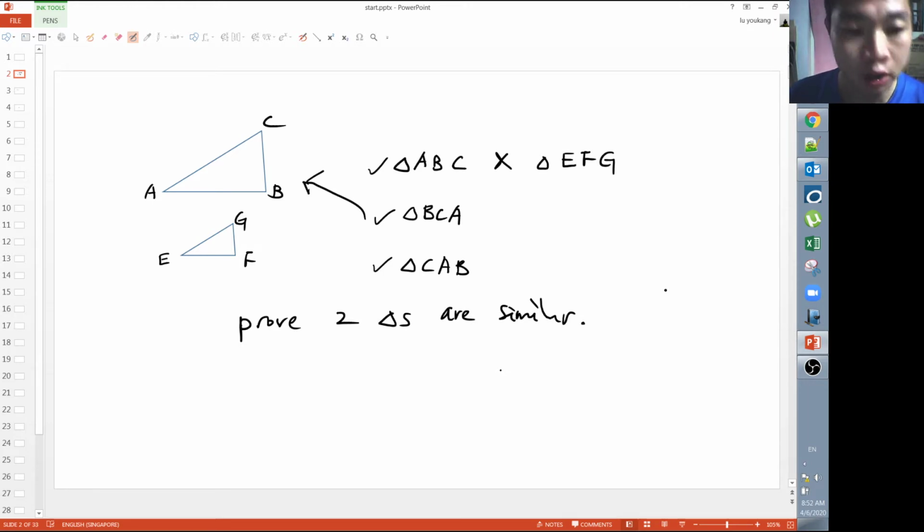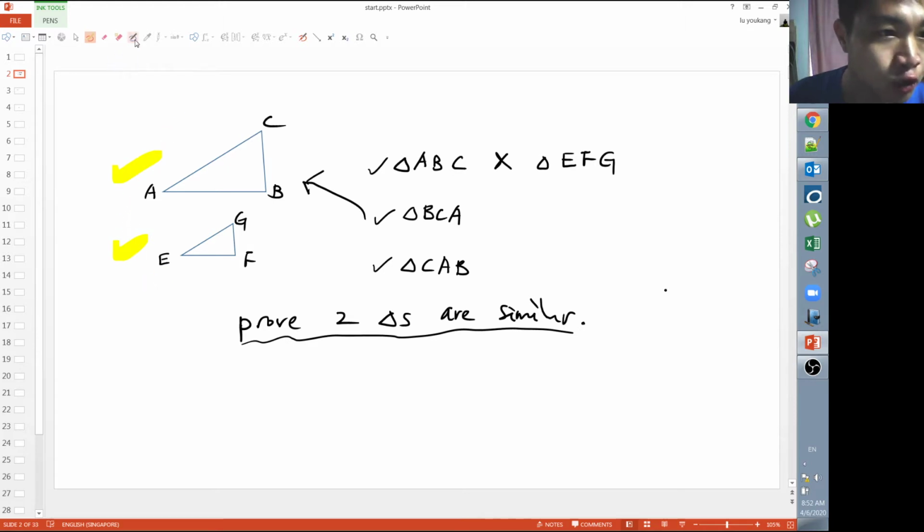When you need to prove two triangles are similar, the order of the letters you choose to name the triangles is very important. What I mean by that is, over here you have this triangle and this triangle. Before you prove these two triangles are similar, you need to match point to point.